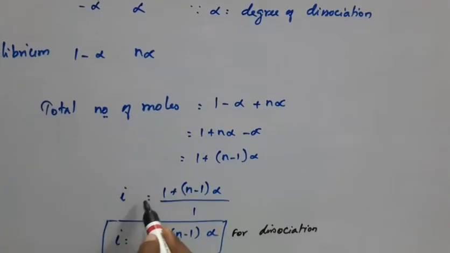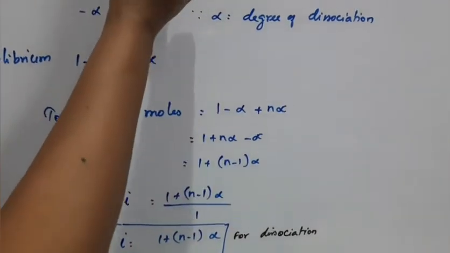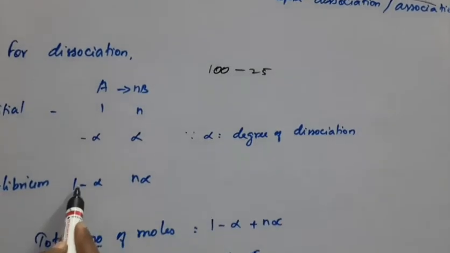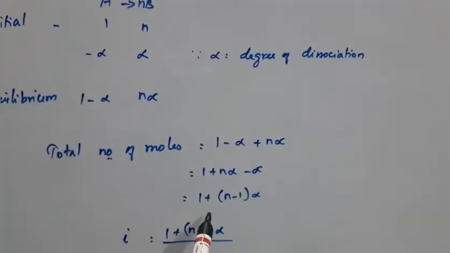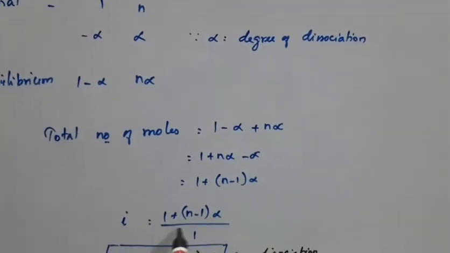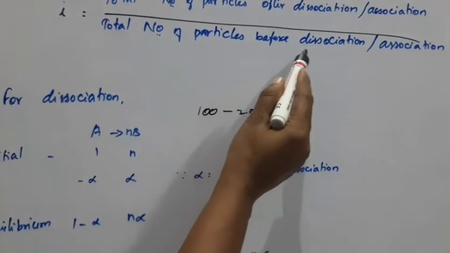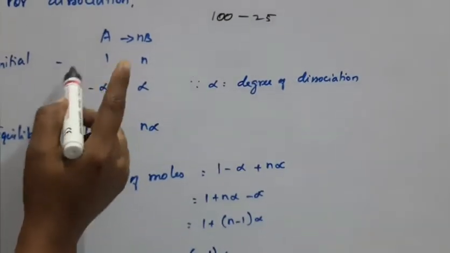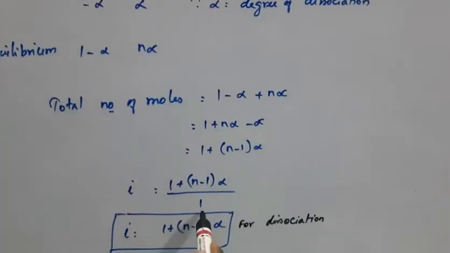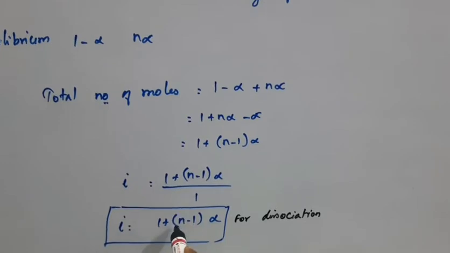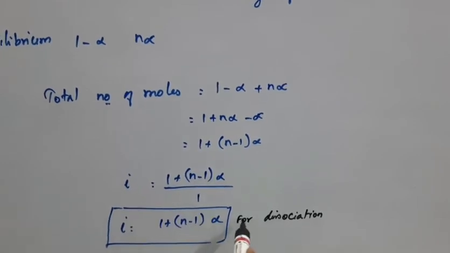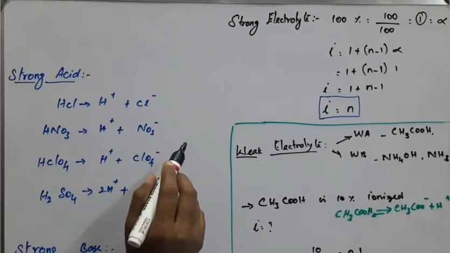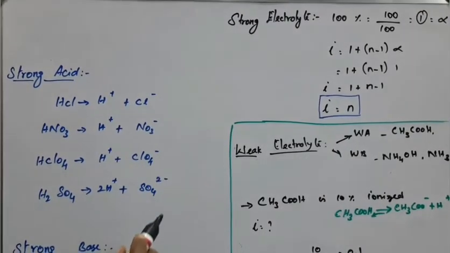So i equals the total number of particles after dissociation, 1 plus (n minus 1) alpha, divided by the total number of particles before dissociation, which is initially 1. So i equals 1 plus (n minus 1) alpha for dissociation. We will do some numericals based on the dissociation concept.